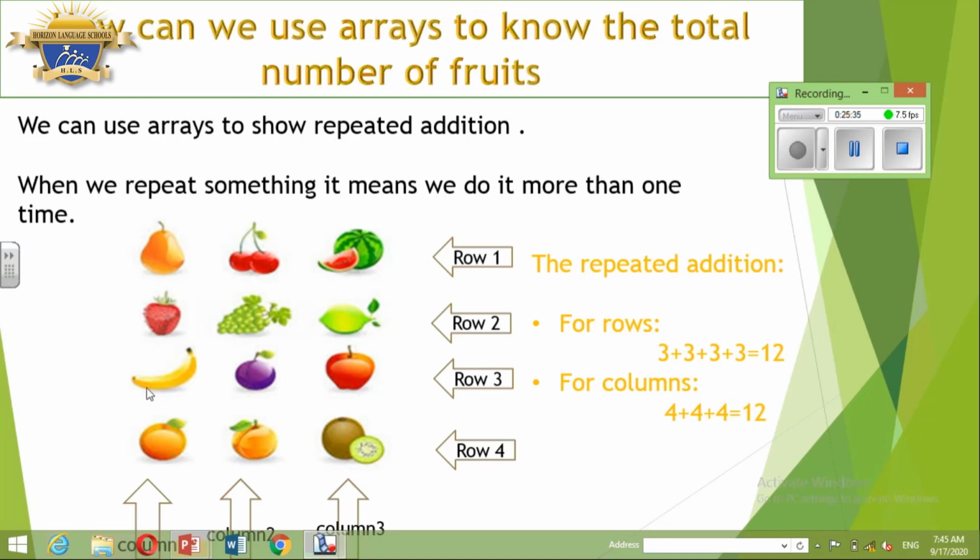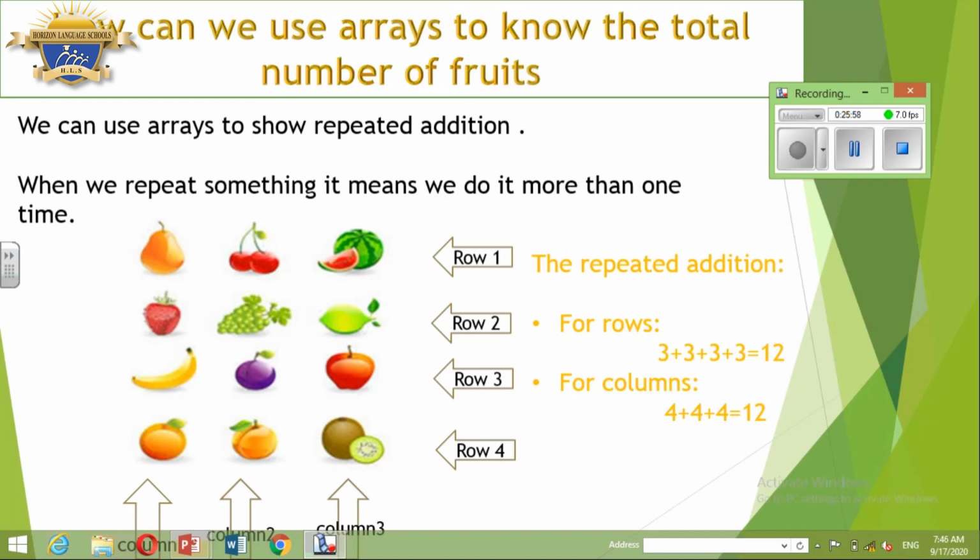Okay, but how many fruits do I have in the first row? I have here the first row. How many fruits? Let's count together. 1, 2, 3. So I have 3 fruits in each row. And I have 4 rows.